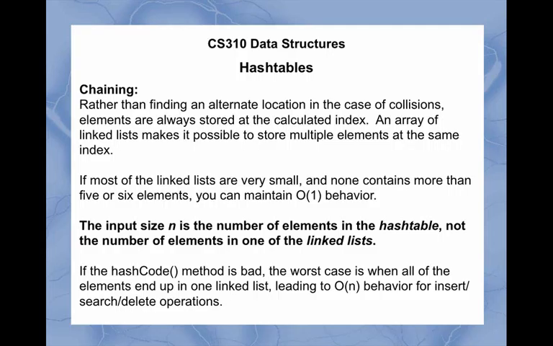Therefore, since the input size n, which is the number of elements in the hash table, is not related to the number of elements in any of the linked lists, we can say that it's big O of 1. The worst case behavior, which you really should never see, is the case where you have a truly dreadful hash code method and all of the elements end up in one linked list. In this case, you have big O of n behavior.